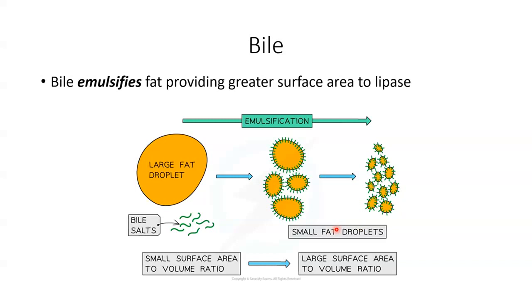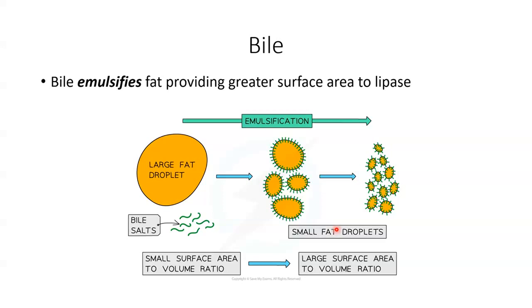The main function of the liver in relation to the gastrointestinal system, however, is that the liver produces bile. Each day, the hepatocytes of the liver, which are the cells that the liver is made up of, secrete up to 1 litre of bile.